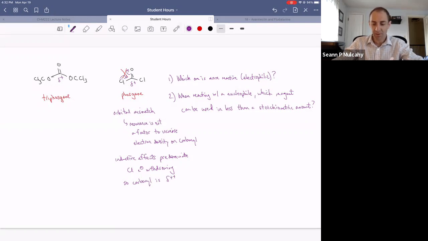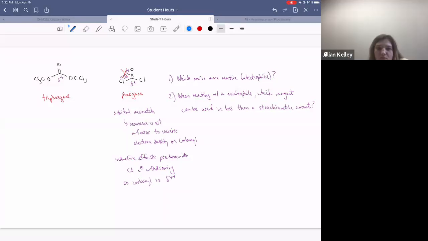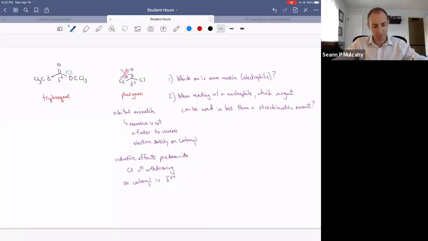Now let's go over to triphosgene. What can we say about triphosgene this time? The oxygen lone pairs will donate. Okay, oxygen lone pairs can donate, and actually there's two different ways they can donate. And so resonance places negative charge on the carbonyl.